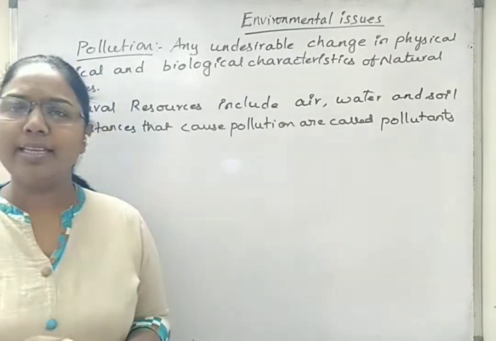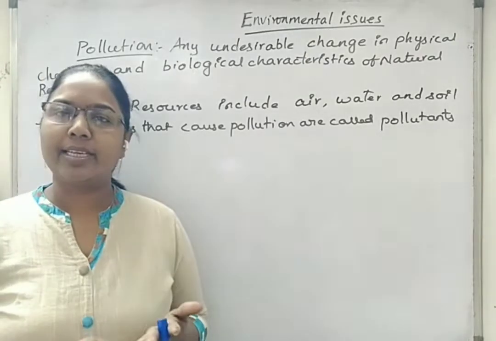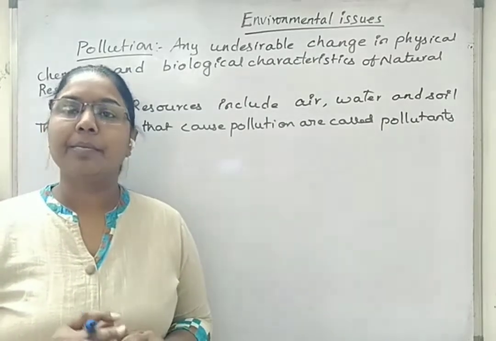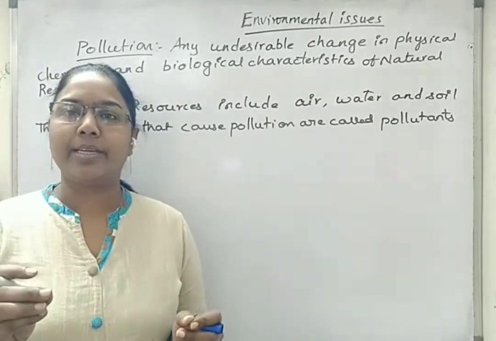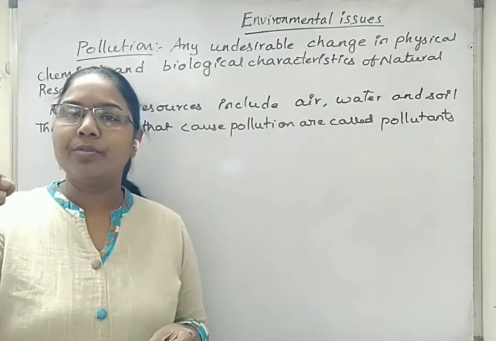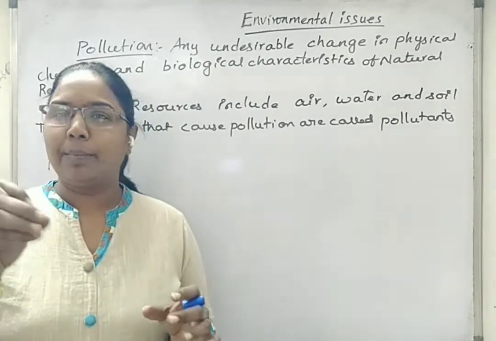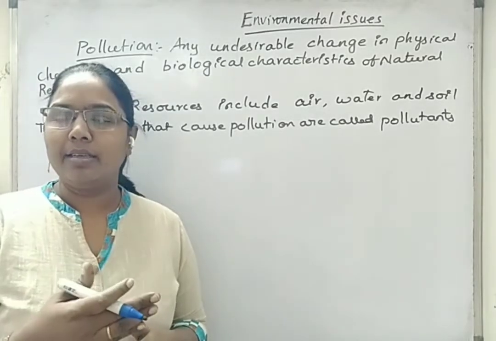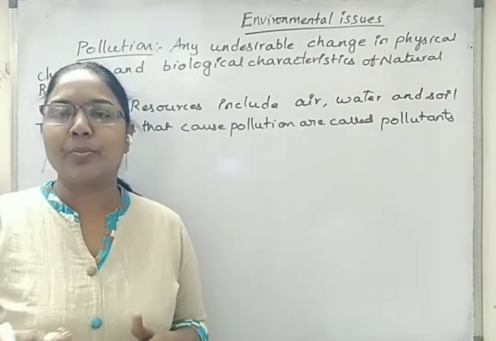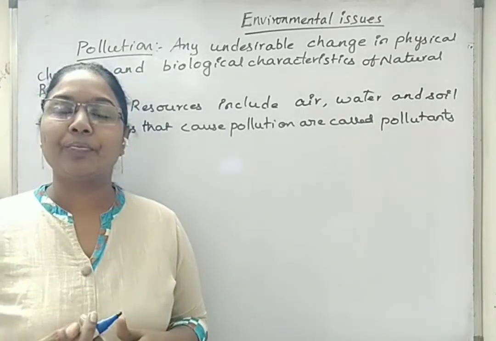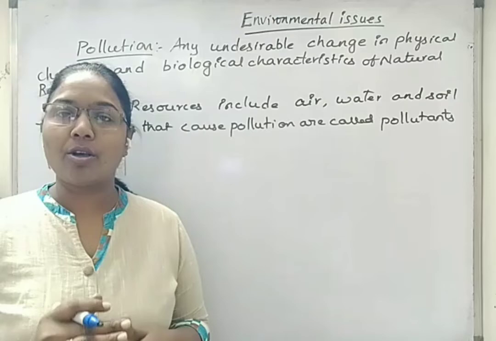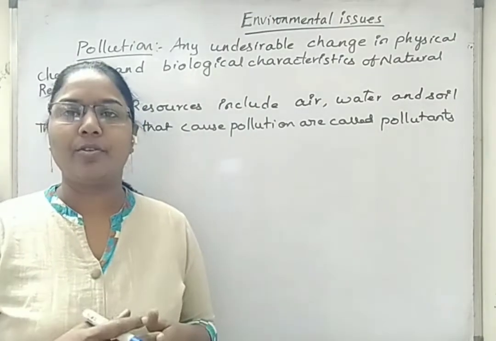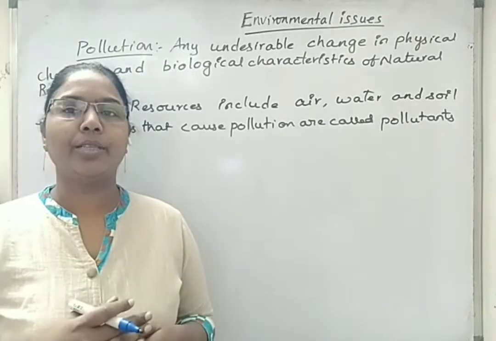But there are some acids like nitric acid, sulfuric acid, etc. Those are liquid in form, but when we open the bottle in the laboratory, they come out of the bottle from the liquid form in the form of pungent fumes. So they are not behaving in their original form. They get spread into the atmosphere in gaseous form. Such substances which cause pollution in a form other than their original form are called secondary pollutants.